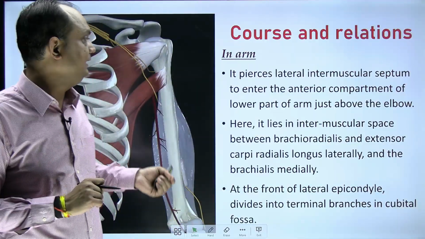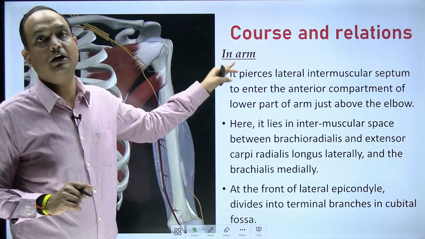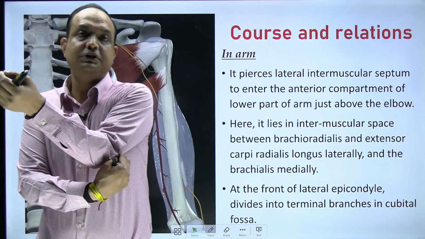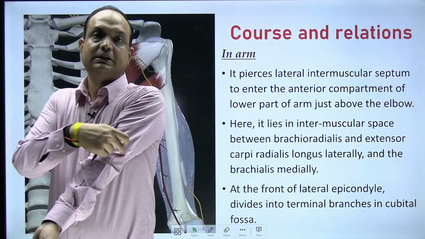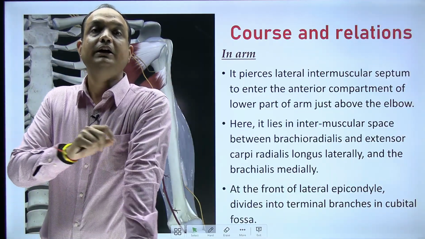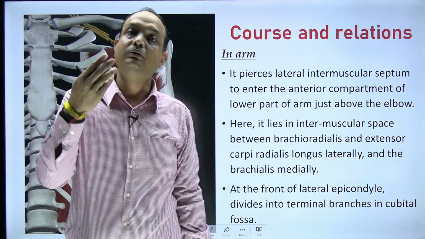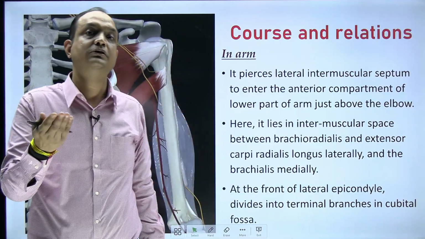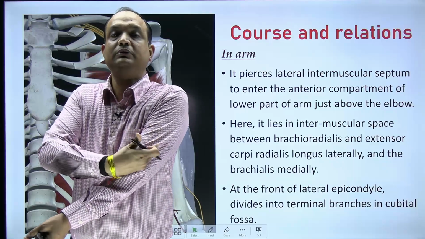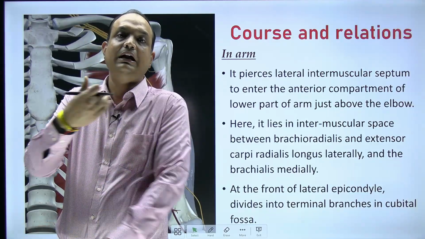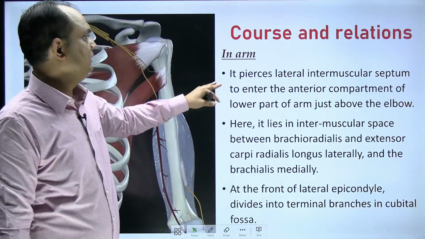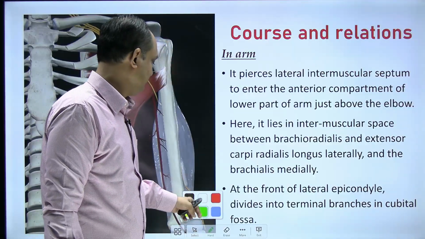So what will happen here is that the nerve, when running in the posterior compartment, will reach this lower end here. Now it has to enter the anterior compartment. So how to enter the anterior compartment? It has to pierce the intermuscular septum which is present on the lateral side. So it pierces the lateral intermuscular septum.